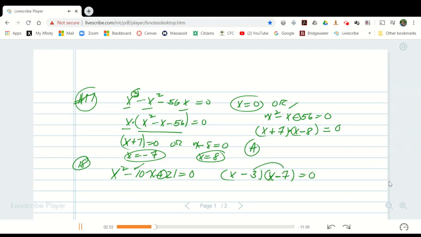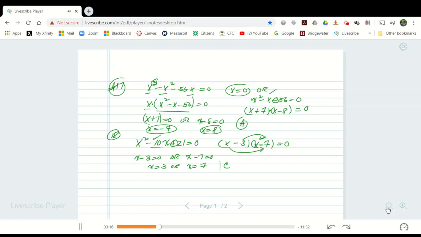That will give me a minus 3x and a minus 7x. Minus 3 and minus 7 would give me a minus 10 in the middle. So either x minus 3 equals 0, or the other term, x minus 7 equals 0, giving you two answers, x equal to 3, or x equal to a positive 7, and you see that is letter C.